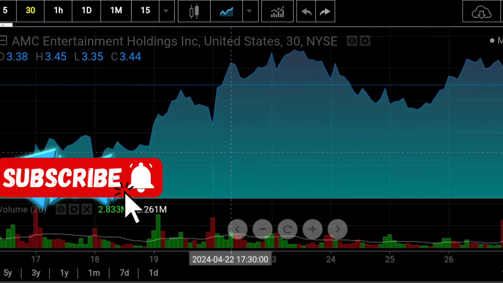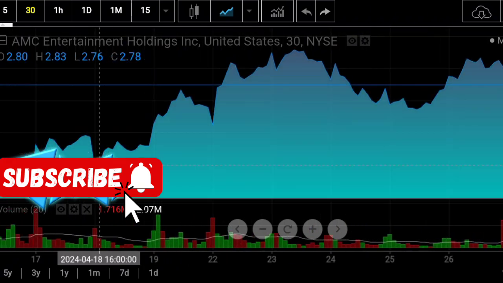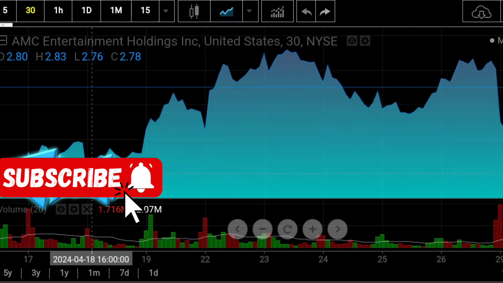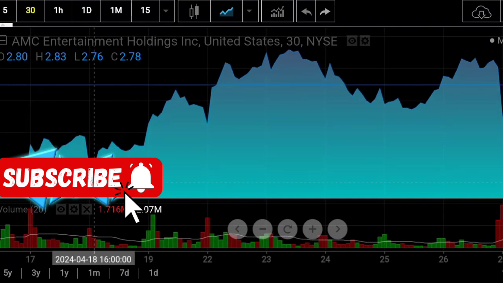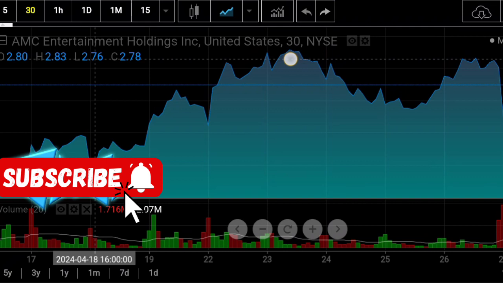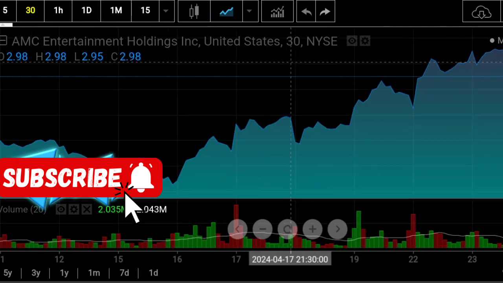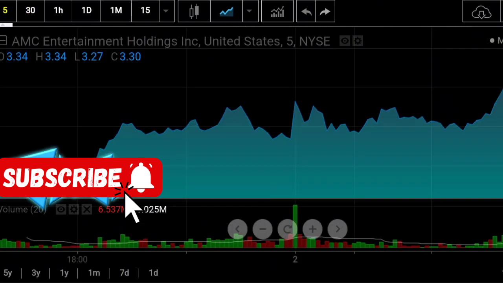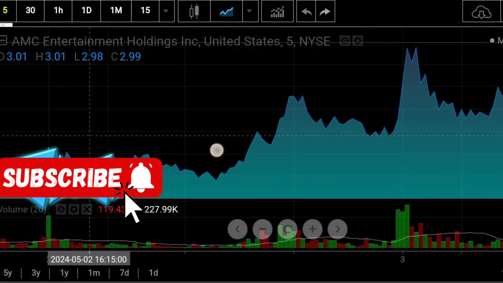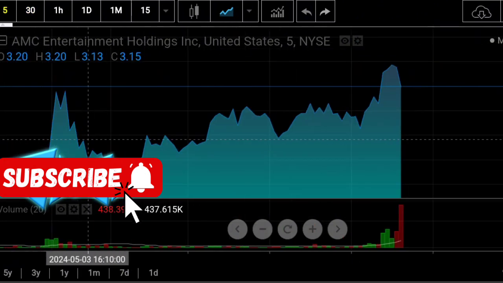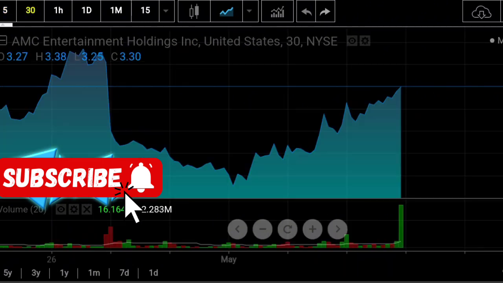Between this point of $2.75 and this point of $3.46, you could actually make a lot of money. So looking at the 5-minute chart, you see that there are lots of opportunities in this AMC stock. It's a stock to trade.